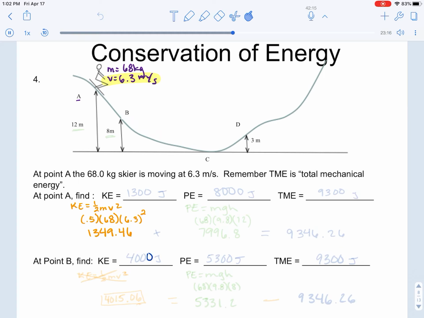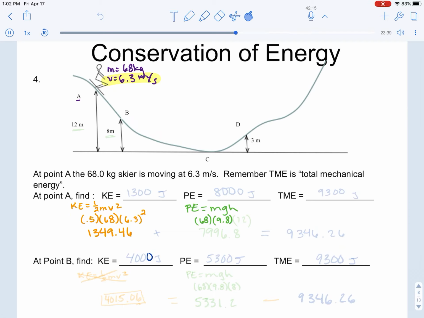Okay, so now we need to calculate the potential energy at point A. So PE equals mass times gravity times height. So we're going to say 68 times 9.8. Again, it's a positive 9.8 because we are giving the magnitude of the potential energy that the object has, okay?